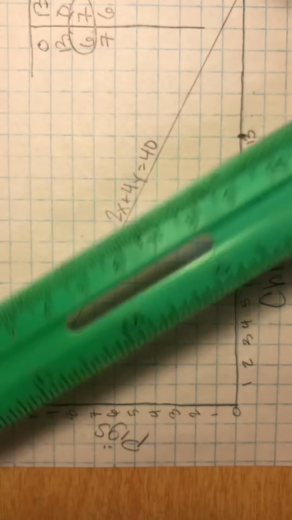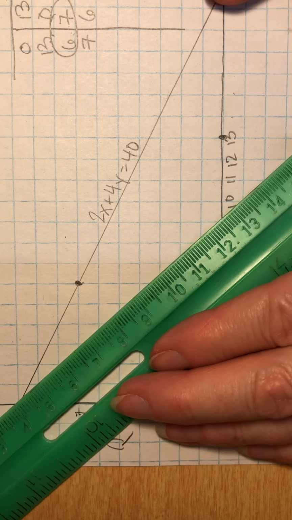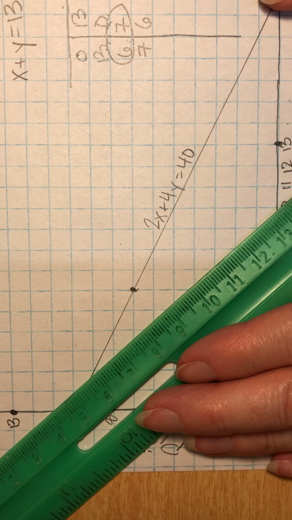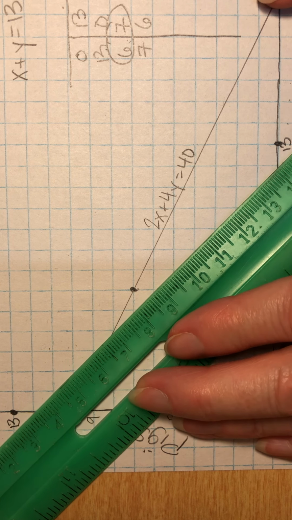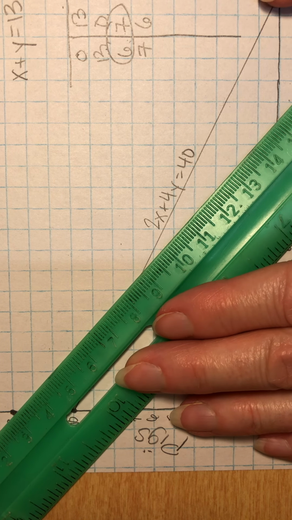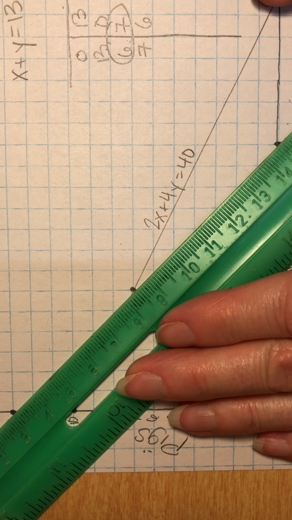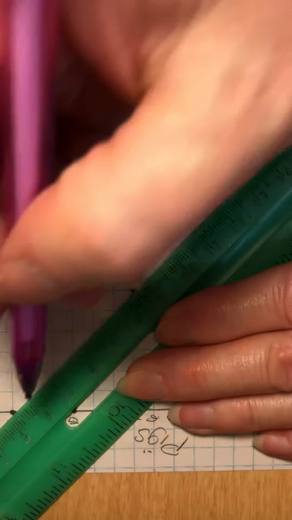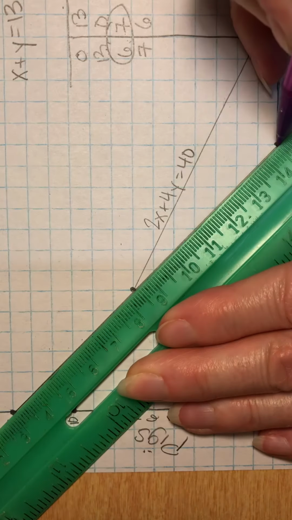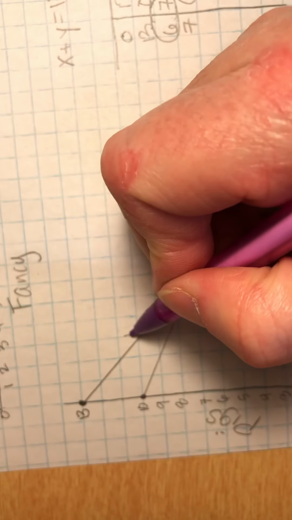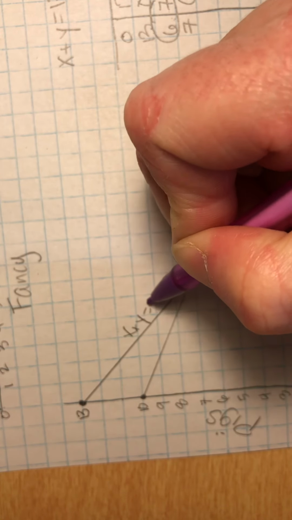Okay, so I take my straight edge from the 13 to the 13. Where's the 13 up there? Let's see if I can get it all on the screen. There we go. All right, so I'm going to angle it. It has to go through that one dot. And graph it.